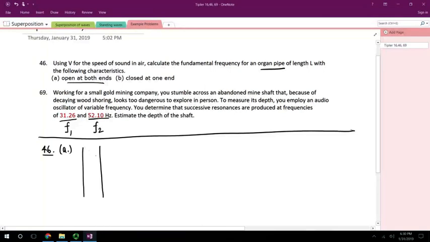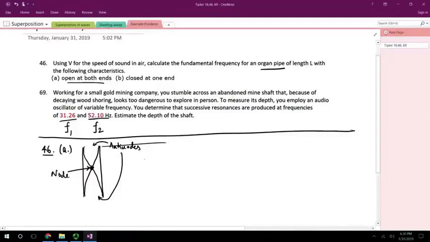If it's a fundamental frequency, the wavelength is the largest, which means it will have an antinode at each end, but only one node in the middle. If I wanted to draw the wave pattern, this is what it looks like: antinodes at the two ends, and a node in the middle.